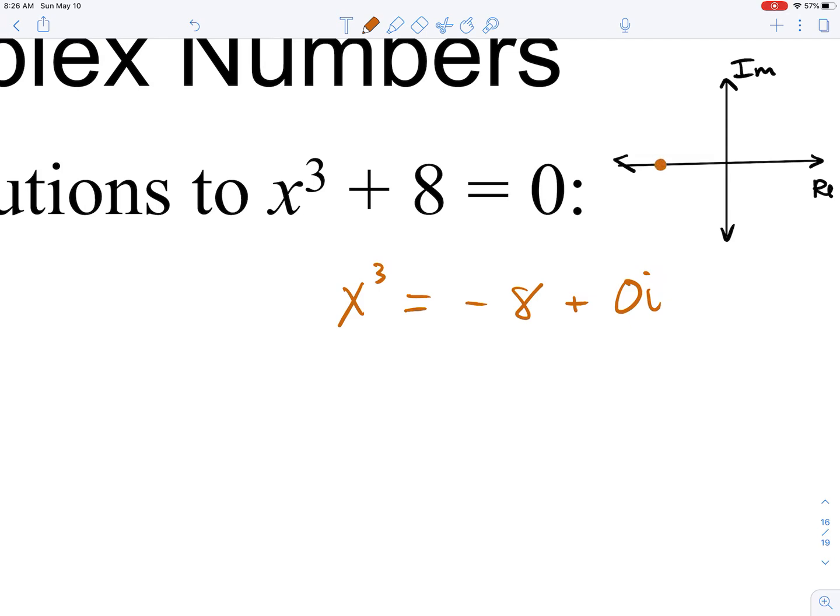So here would be my real axis, my imaginary axis, and then negative 8 comma 0 would be over here, and here would be the angle theta.